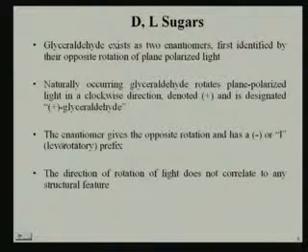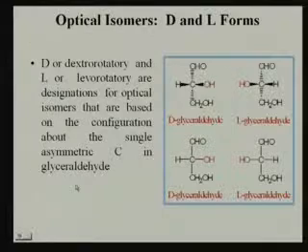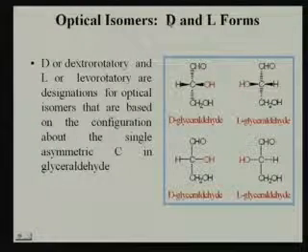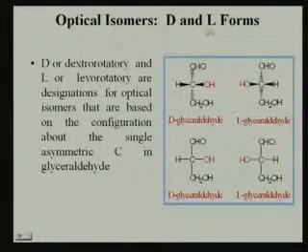When the other enantiomer gives the opposite rotation, in the anti-clockwise direction, it is denoted by the negative symbol, and it is the levorotatory form. The direction of rotation of light does not correlate to any structural feature. That means, how do we distinguish the D form and the L form?